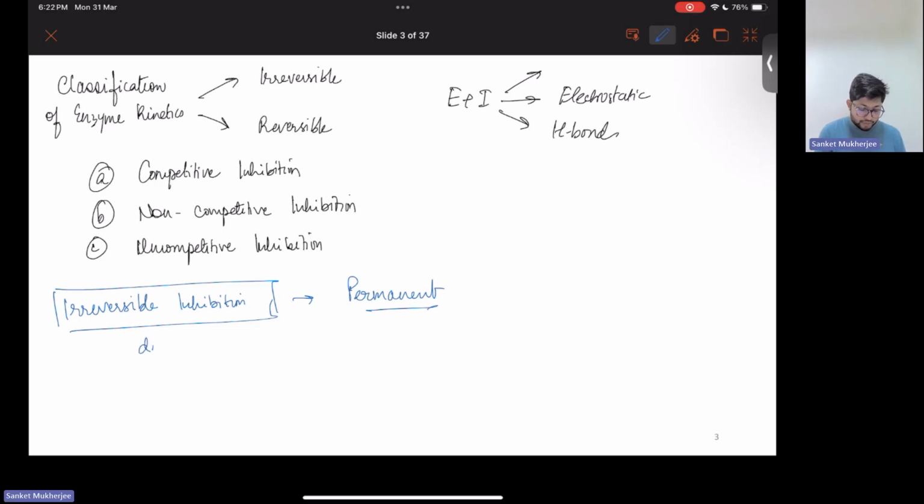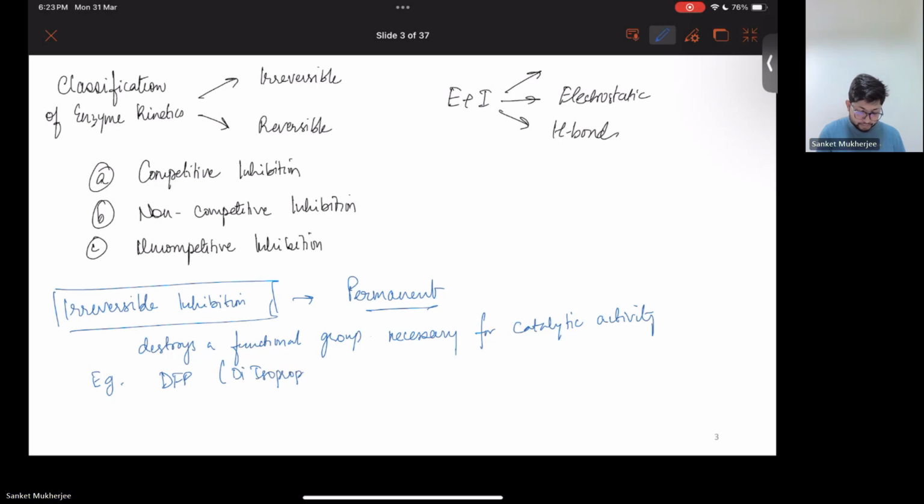So it destroys a functional group necessary for catalytic activity. So the examples could be DFP or diisopropyl chlorophosphate.